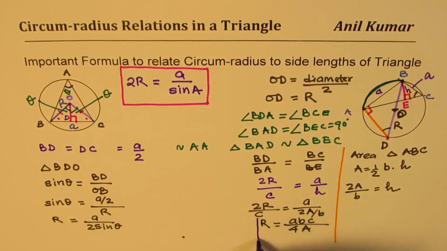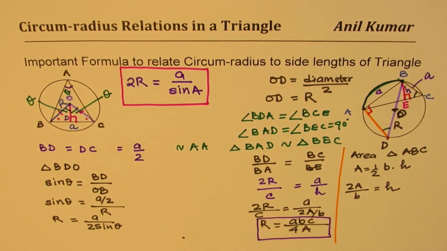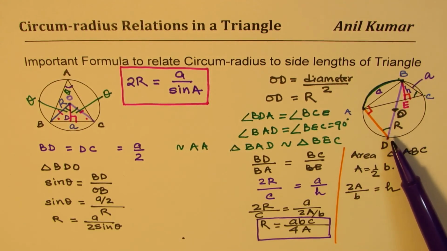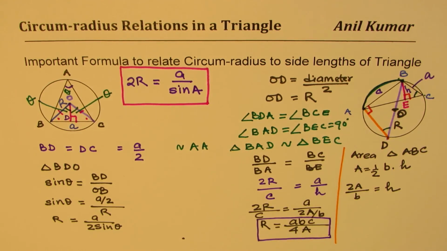So we cross multiply to isolate R. Does it make sense to you? So R is abc divided by 4A. So if we know the area of the triangle, we can find the value of the circumradius using this formula. Correct? So that is a very good way of relating them.